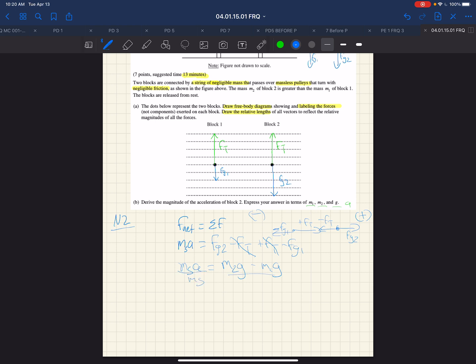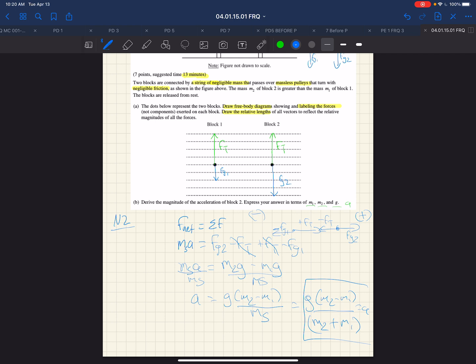And I'll do some factoring while I'm at it. Factor out a G, M2 minus M1 all over mass of the system. Well, what is the mass of the system? The system consists of those two masses, M1 and M2. So A is G times M2 minus M1 all over M2 plus M1. And that is my expression that we are looking for.